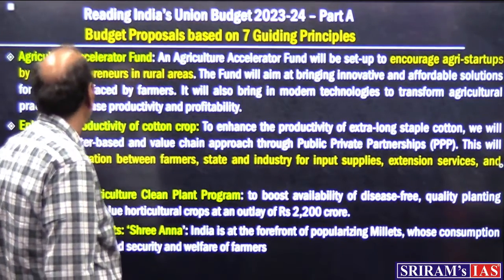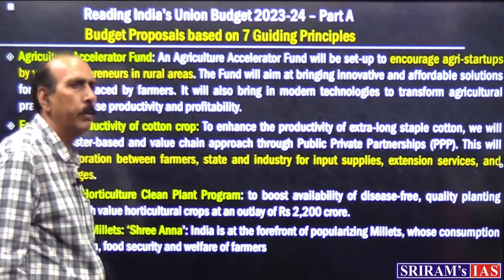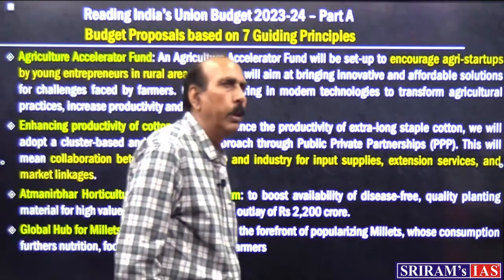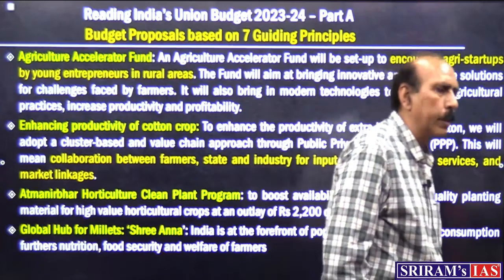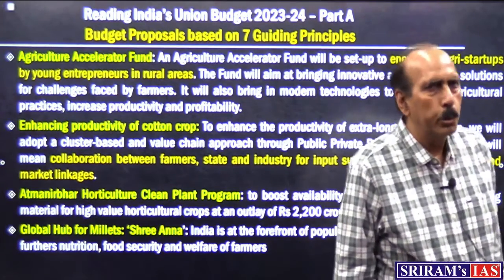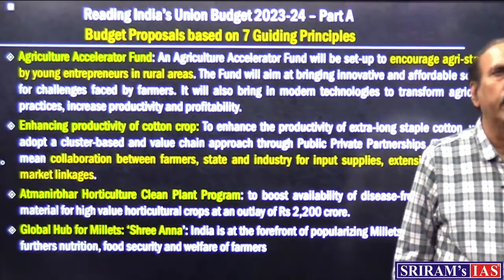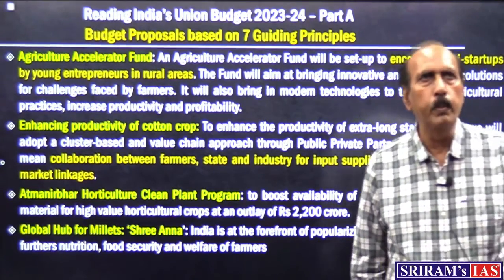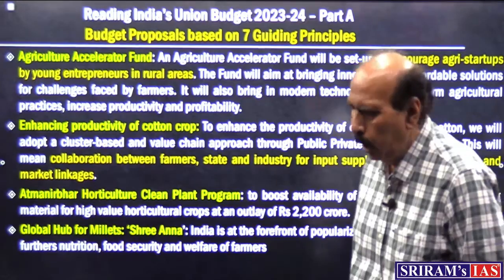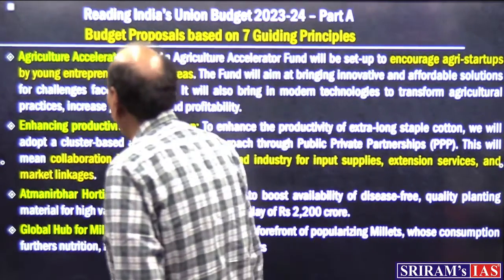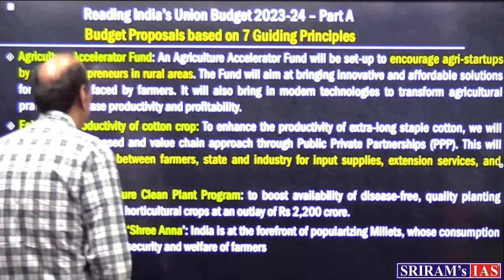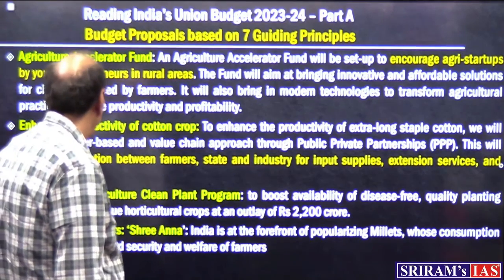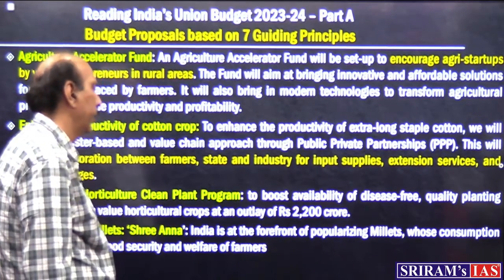through which farmers can get all the possible information they require in agriculture. The Agricultural Acceleration Fund is proposed to be created, which will provide certain incentives to new startups coming in the agriculture sector. Then obviously horticulture.